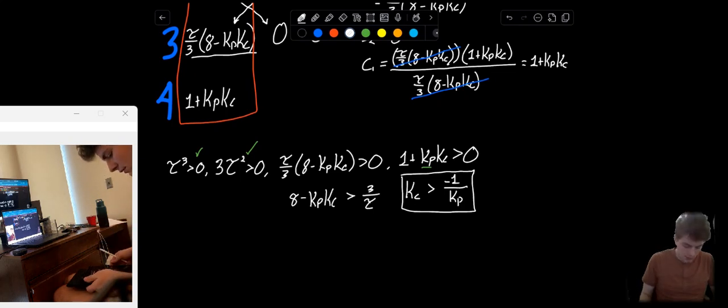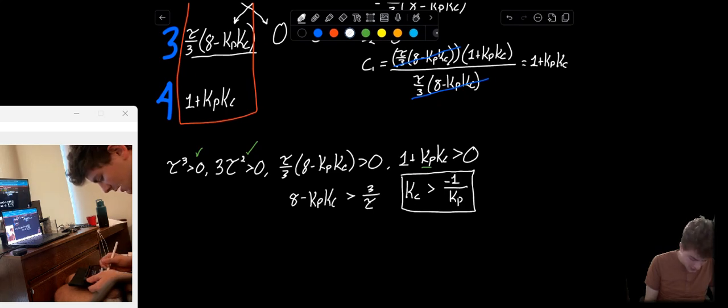And then for our upper bound, what we're going to do is divide across tau over k. So we would say 8 minus KpKc is greater than 0, or Kc is going to be less than 8 over Kp.